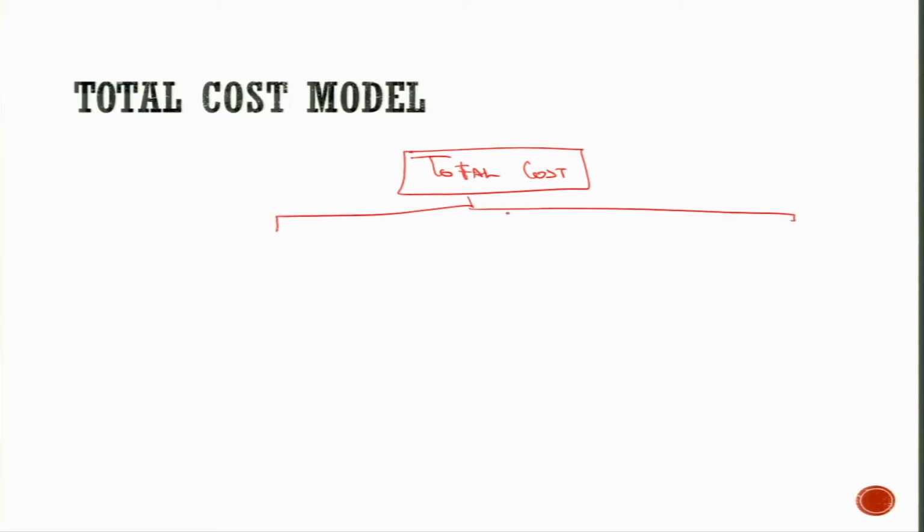So if I try to plot the total cost as a model, the total cost model has 3 major components, or I would call it 3 activities, that is pre-processing, then processing and post-processing.